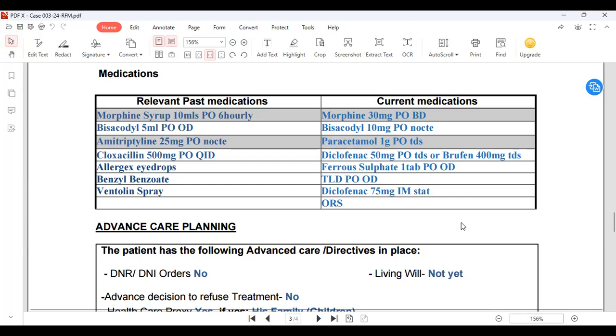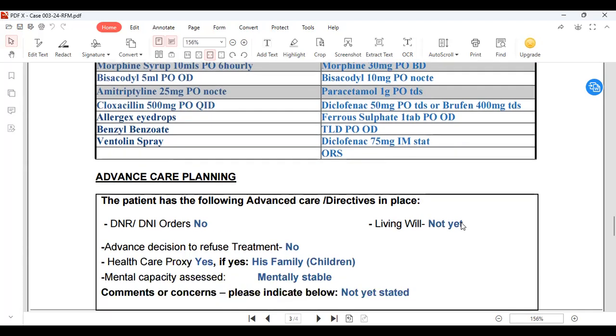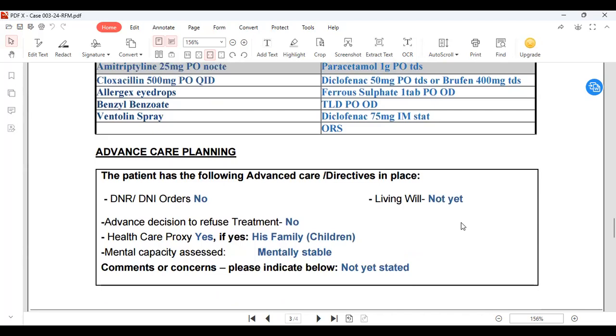Patient is on morphine 30 milligrams orally 2 times a day, bisacodyl 10 milligrams orally at night, paracetamol 1 gram orally 3 times a day, diclofenac 50 milligrams orally 3 times a day, or Brufen 400 milligrams orally 3 times a day, ferrous sulfate 1 tab orally once a day, TLD orally once a day, diclofenac 75 milligrams IM stat, and oral rehydration salt.